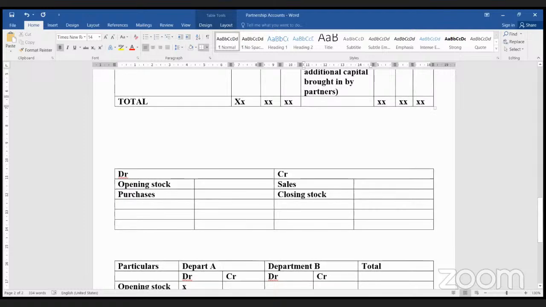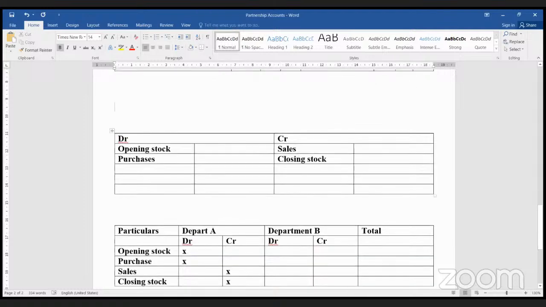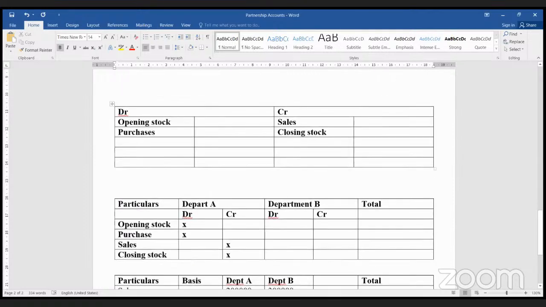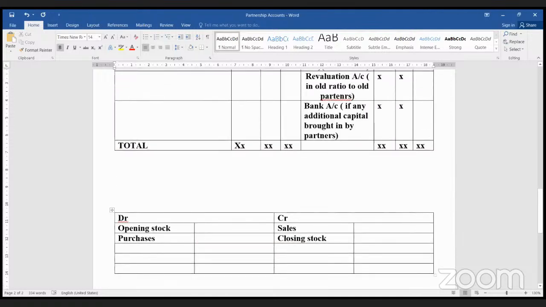Now coming to the new balance sheet. It is the new balance sheet with the adjustments and all changes. If any value increased, add that increased value to the question balance sheet value. If any value decreased, decrease that value from the question balance sheet value.